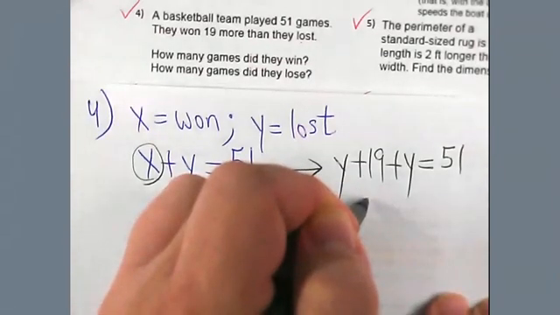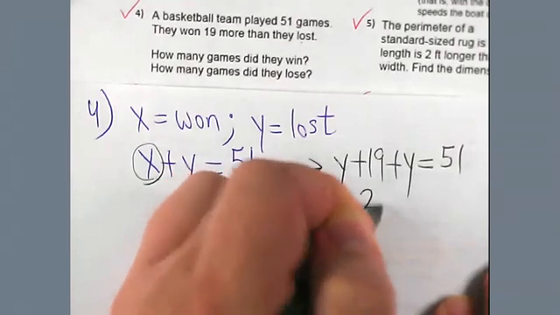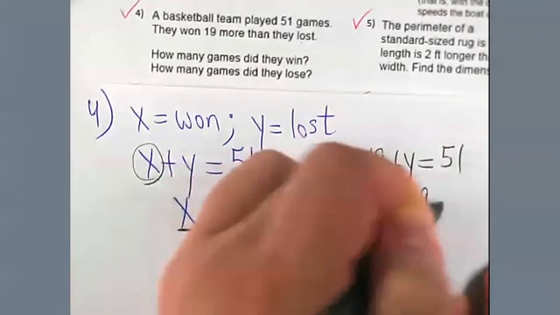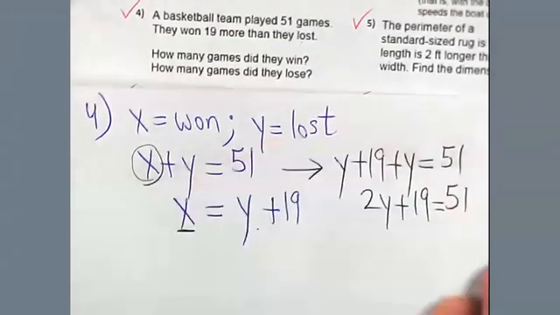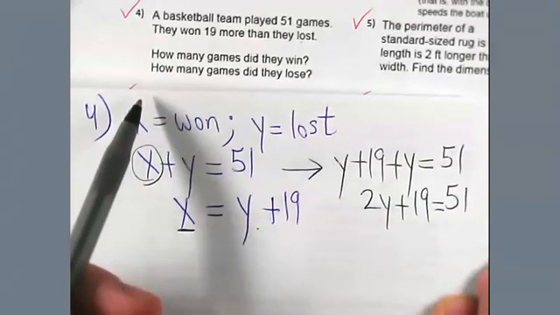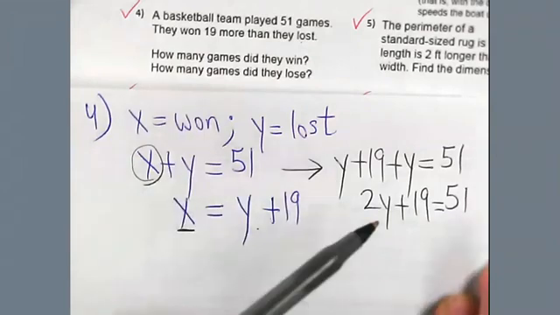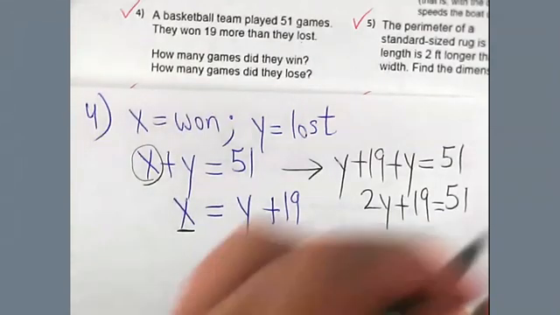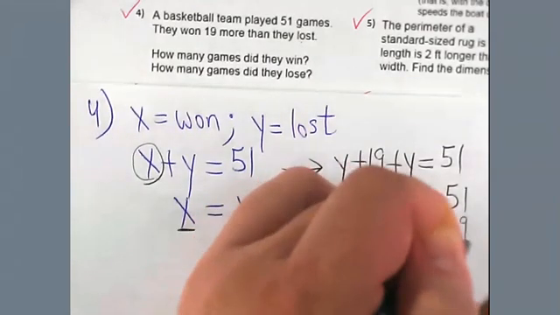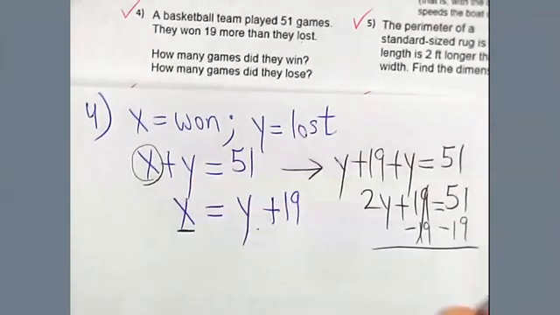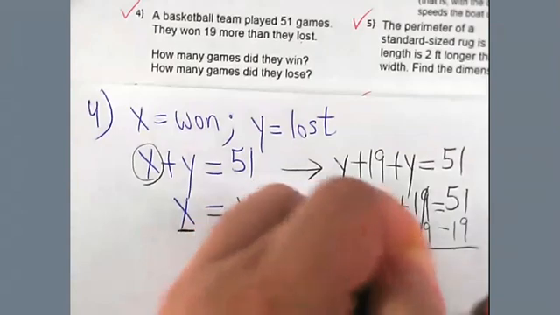Combining the y's on the left side gives us 2y plus 19 equal to 51. The next step, subtract 19 from both sides, leaving us with 2y equal to 32.